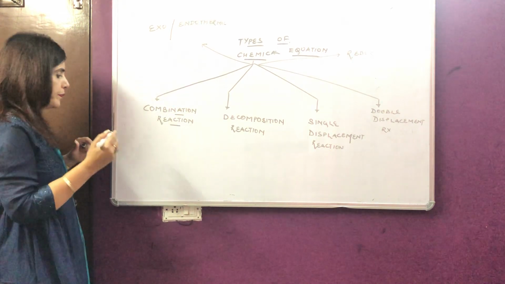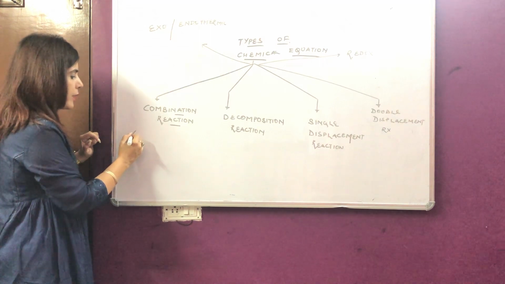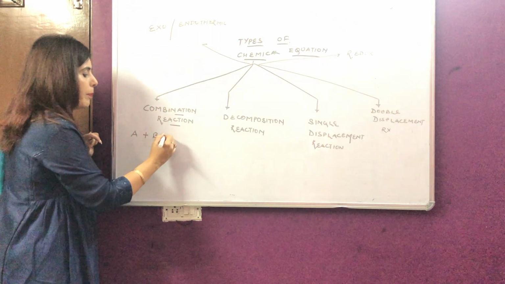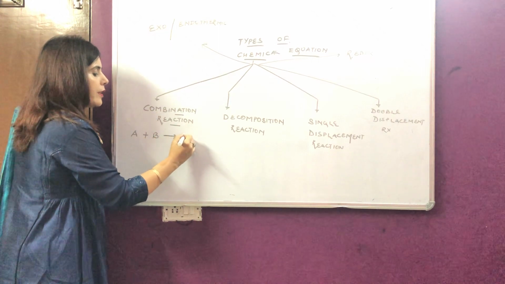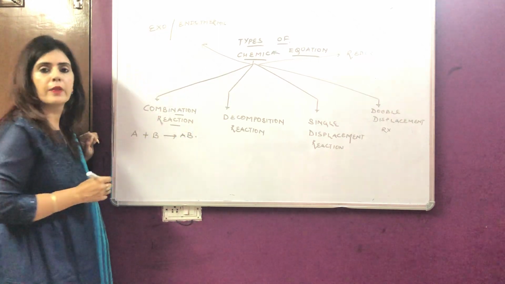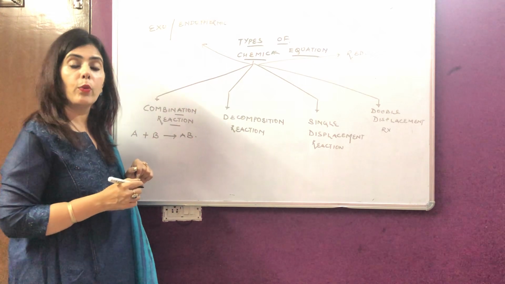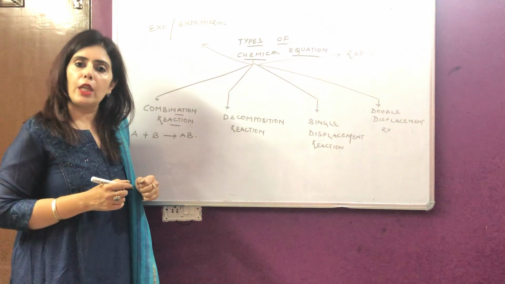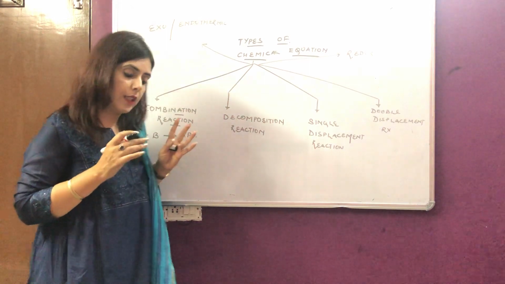For example, let us take A plus B. They combine to give a single product, that is AB. So such a reaction is said to be what? Combination reaction.